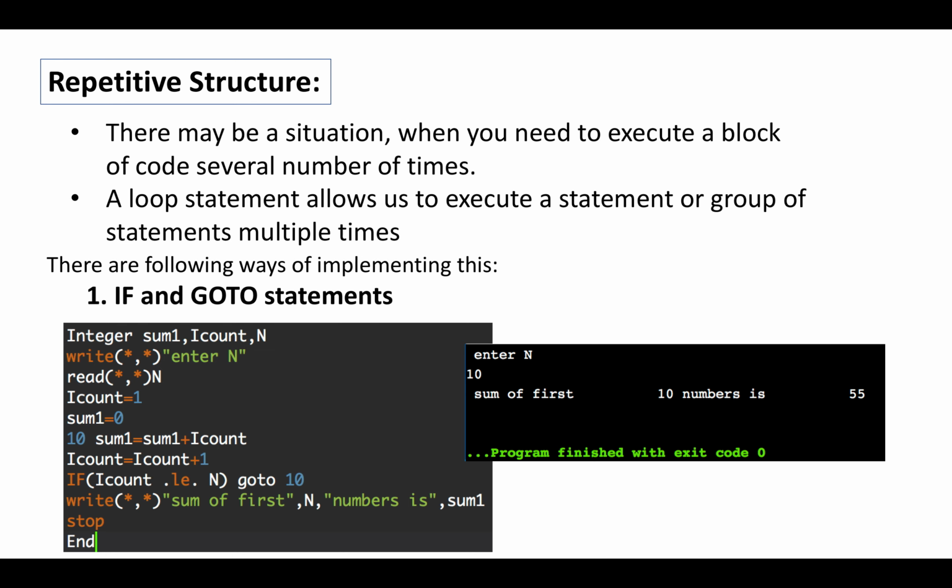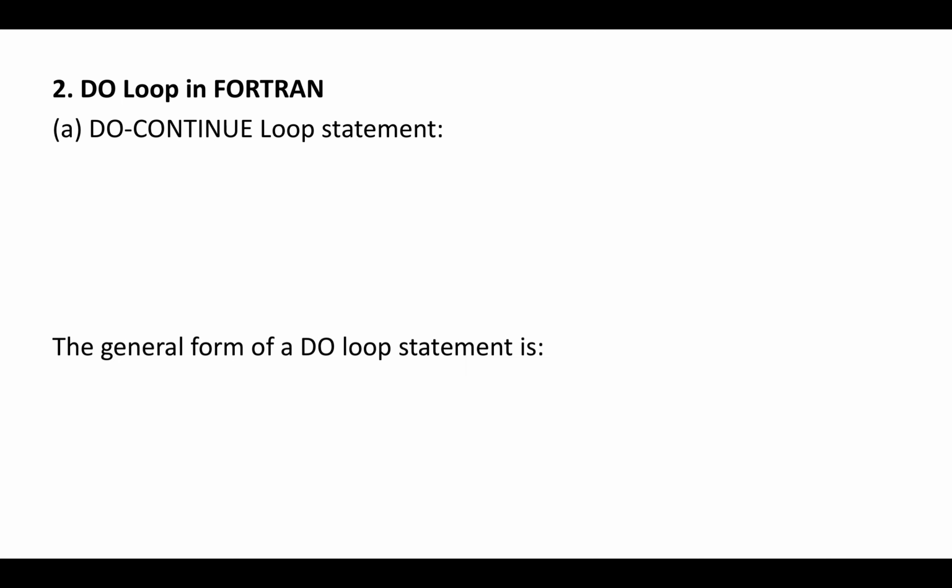our purpose. Now the next one is the do loop in Fortran. We have various do loops: do continue, do undo, do while, and so on. The first one is the do continue loop statement. The purpose is the same. We need to repeat a certain block of statements a number of times.